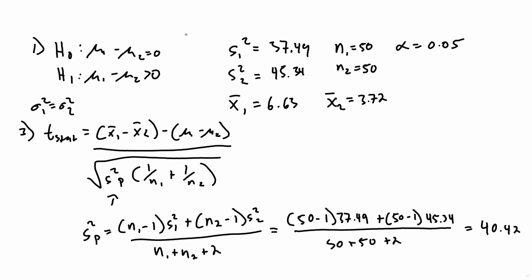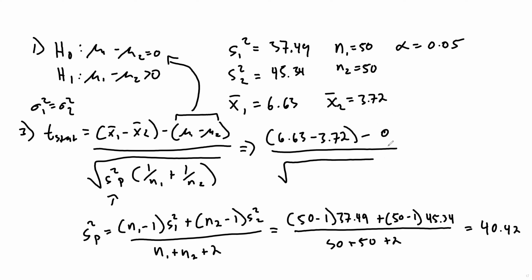So 40.42. Now I'm just plugging in every other value that I have for my t-stat. So x bar 1 minus x bar 2: 6.63 subtracted by 3.72, subtracted by the difference from our null hypothesis. So it's just 0. Again, it's given to you in your null.